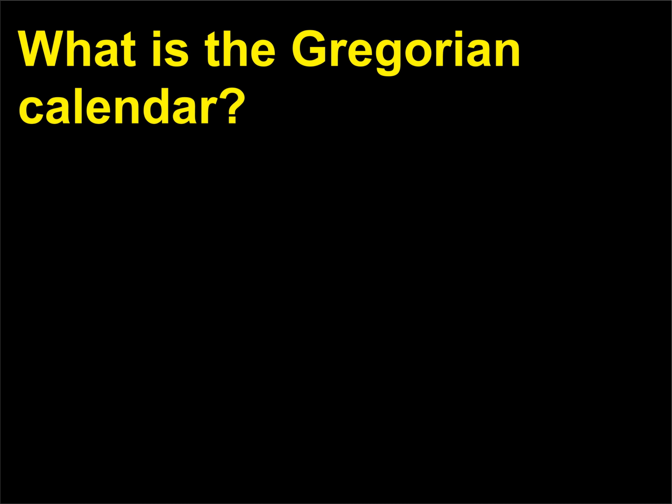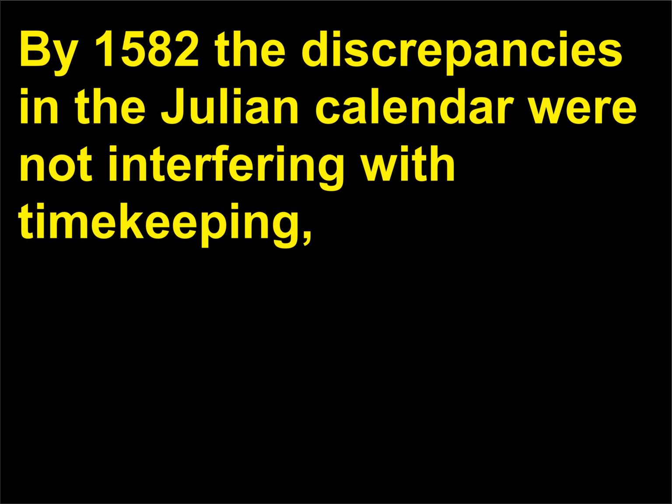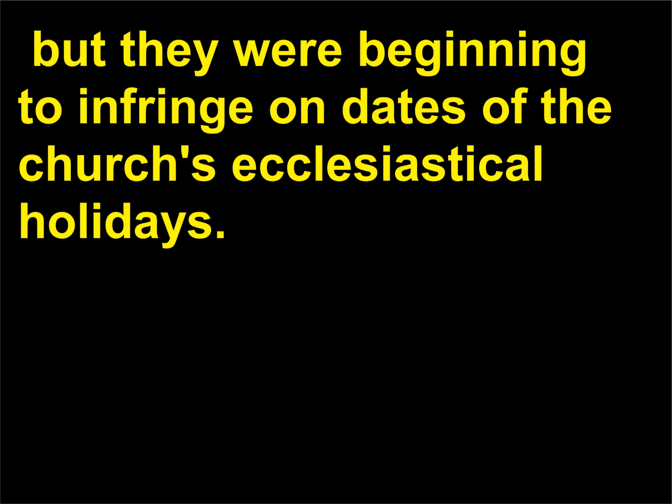What is the Gregorian calendar? By 1582 the discrepancies in the Julian calendar were not interfering with timekeeping, but they were beginning to infringe on dates of the Church's ecclesiastical holidays.